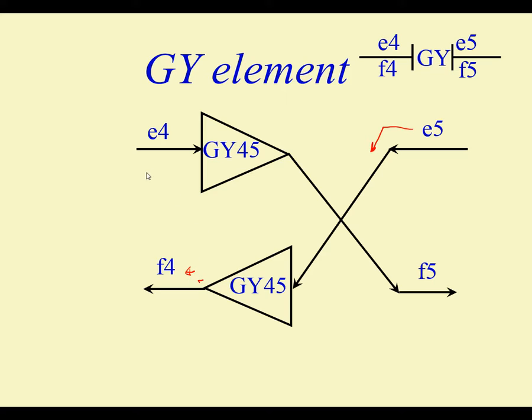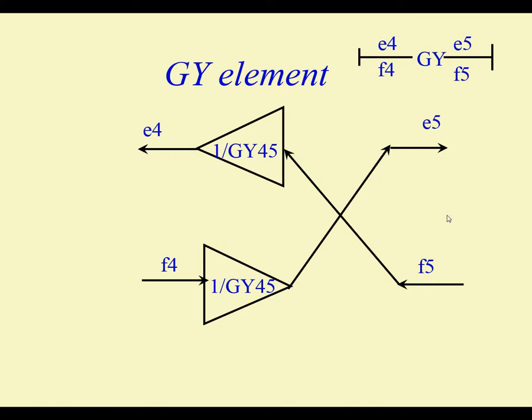The other one, from here, effort, then multiplied, then you're going to have E sub 5, F sub 5. This is the other kind. In this case, do you notice what the input is to the GY? This is in. This is out.